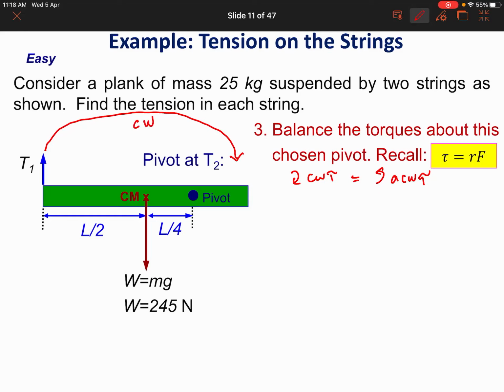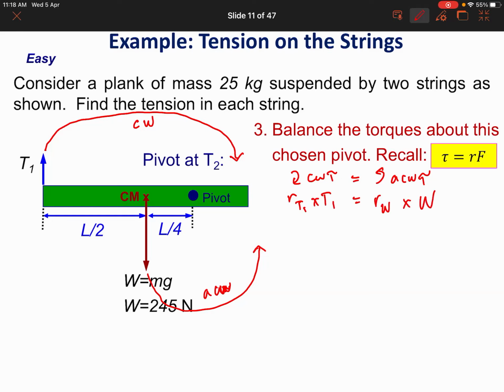So T1 will provide a clockwise torque, whereas the weight force will pull the plank downwards, so its tendency is to rotate the plank about the pivot in the anti-clockwise direction. So we can again balance out the torques. Moment arm of T1 times T1 equals moment arm of the weight force times the weight force.